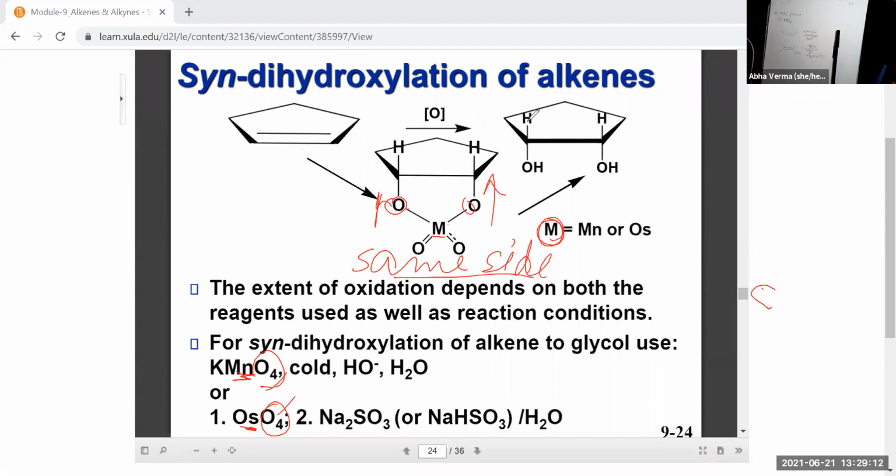When they add from the same side, we say that this is a syn addition. So what is the stereochemistry? It is syn. What is the regiochemistry? We don't know. There is no regiochemistry involved here. There is not more substituted or less substituted. Both carbons get the OH at the same time.